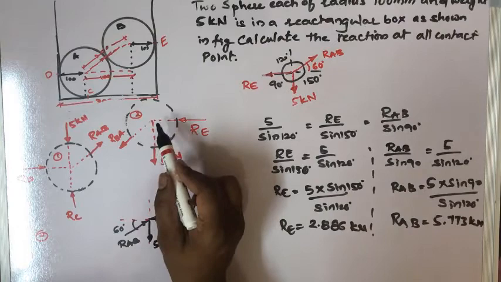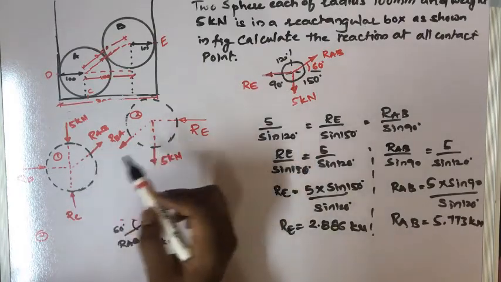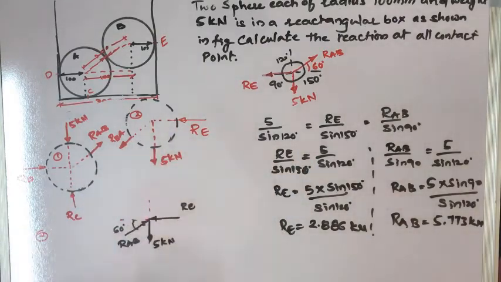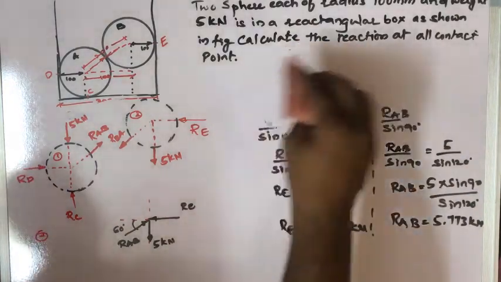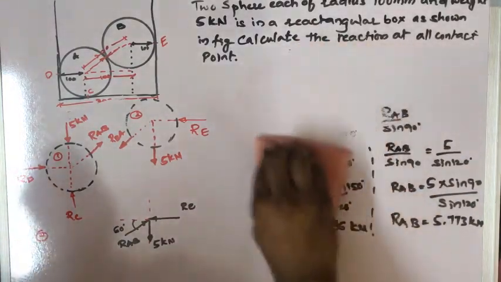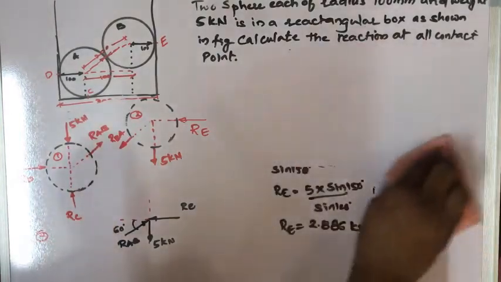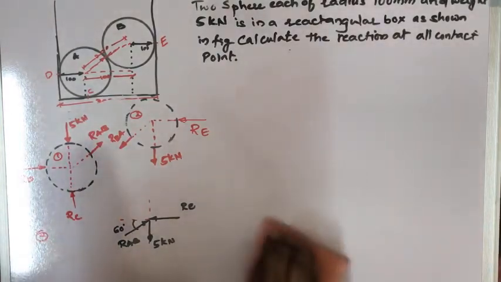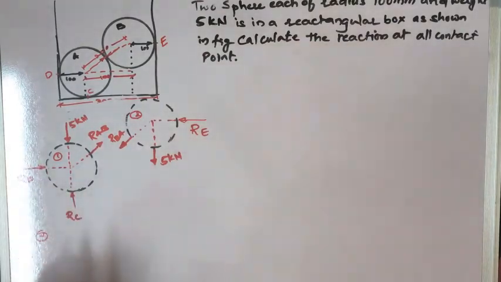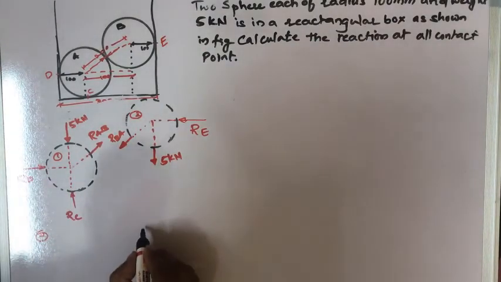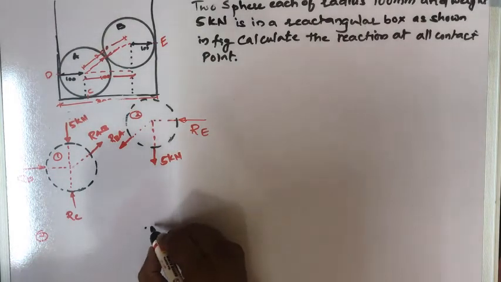So these are the reactions we calculated by considering joint figure 2, or sphere 2. Now we have to use this to calculate the other forces. So I'll rub this part. Now we'll consider the second joint, and I'll draw the joint diagram of that.